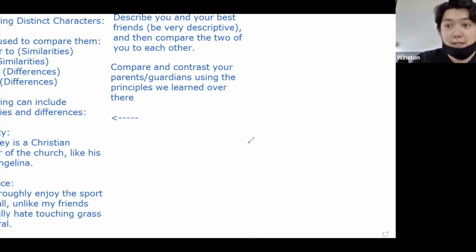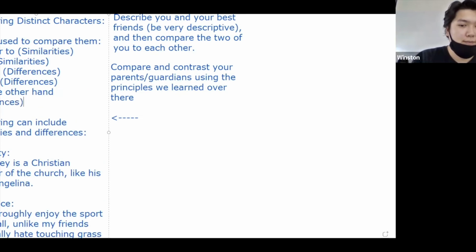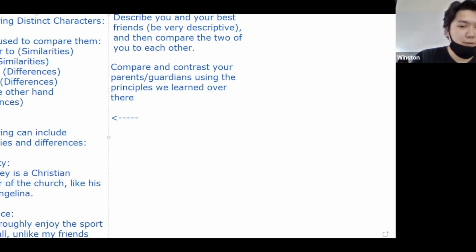If you guys ever want to use that trick in your writing, this, on the other hand, is a different story. We can actually include this over here as well. I feel like these are really good transitions. So on the other hand, okay, so your differences, and then you can do, so-and-so is a different story.